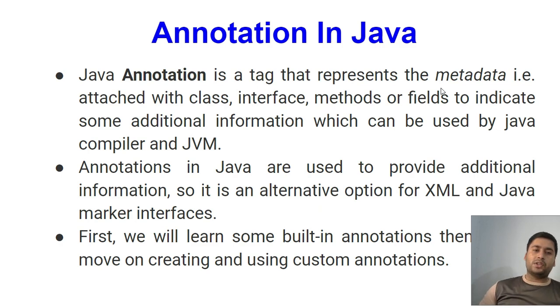If anybody asks you what an annotation is, it is a tag that represents the metadata of our application, attached to classes, interfaces, methods or fields to indicate some additional information which can be used by the Java compiler and JVM. That is the power of annotation. Annotations in Java are used to provide additional information, and they are an alternative option to XML and Java marker interfaces.